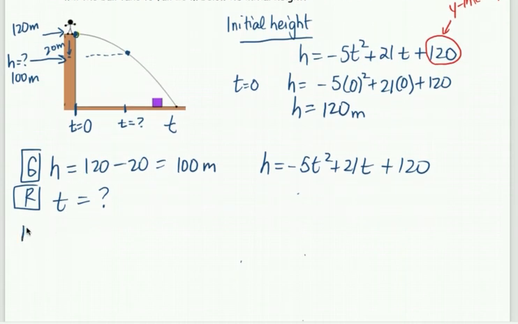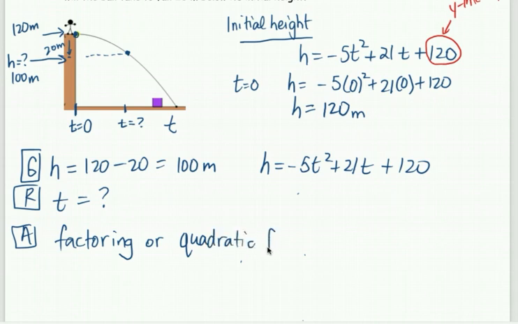So again, because we are trying to find these t values, we are going to be factoring or using the quadratic formula, okay? Which I'll start writing as QF. Okay, so let's get our plan into action here.